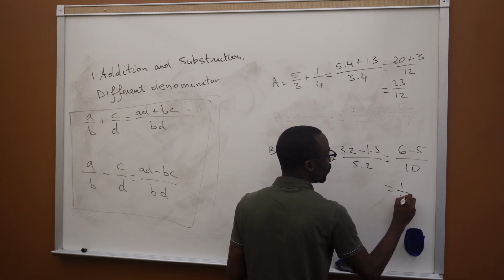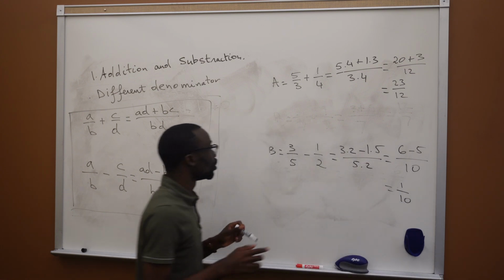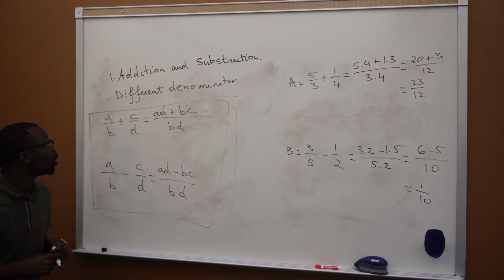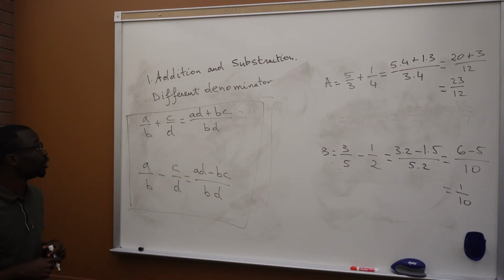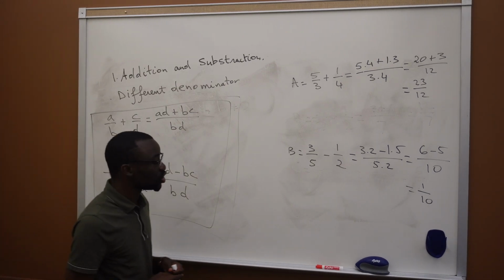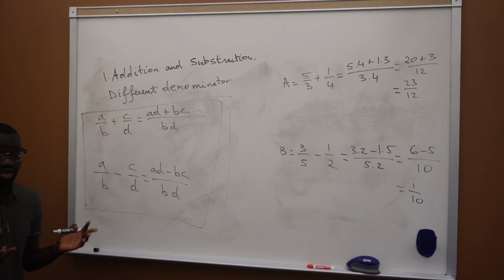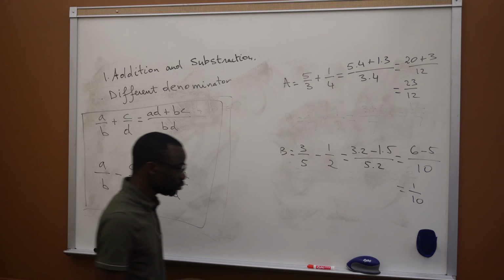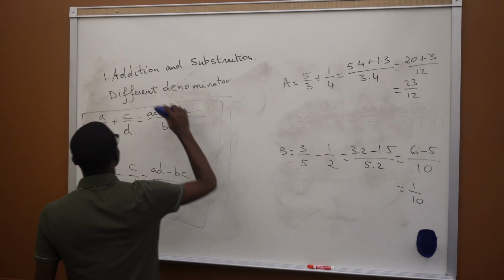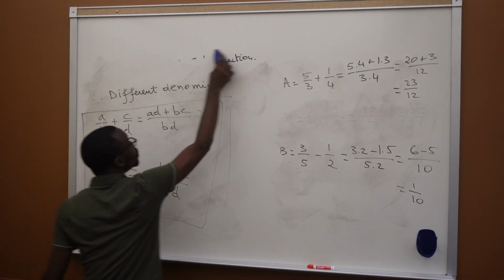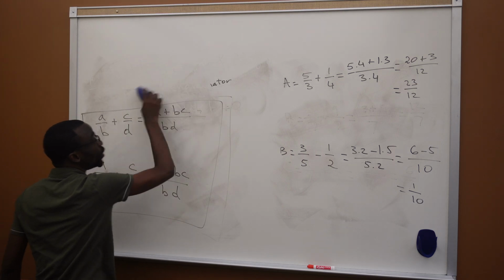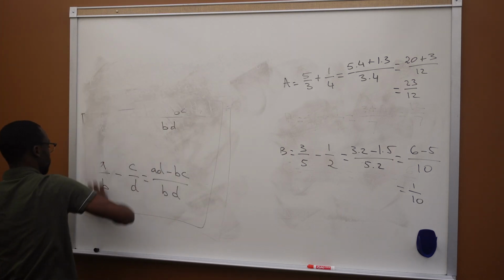It's 1 over 10. So that was a case where we have different denominators. So we are dealing with fractions. We just learned how to add and subtract fractions. Now, number 2, how to multiply and divide fractions.